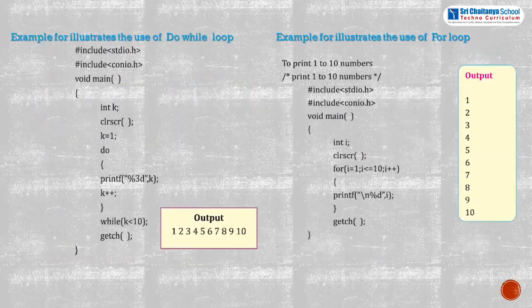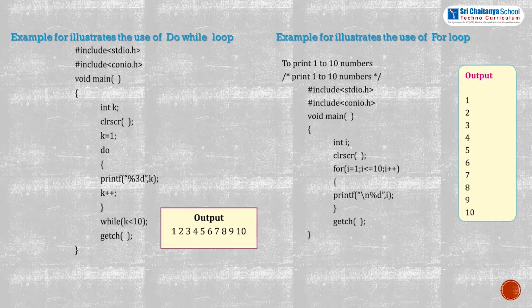Come, let's understand with an example. The same example of printing the output from 1 to 10. So we have #include stdio.h, #include conio.h, void main. This is all common when you are using it. Now comes the main section of the program. int k, clrscr, see the initialization expression, do, the printf statements.